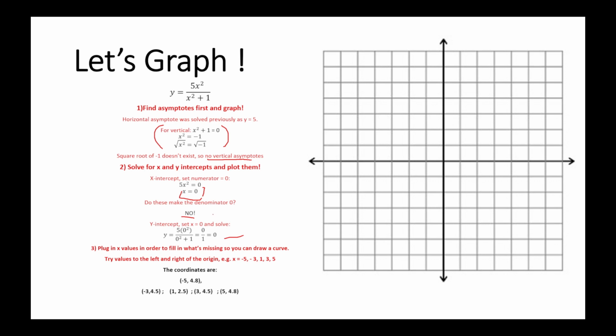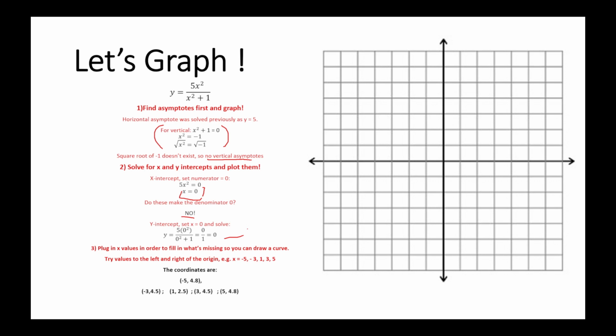Now, down here is the y-intercept. We set all the x variables in this equation equal to 0, so we plug in 0: 5 times 0 squared over 0 squared plus 1. You'll get 0 divided by 1, which is just 0. So our y-intercept is y equals 0.